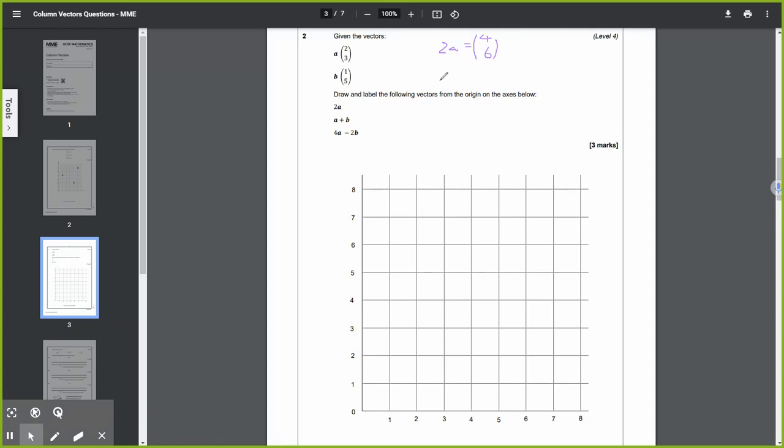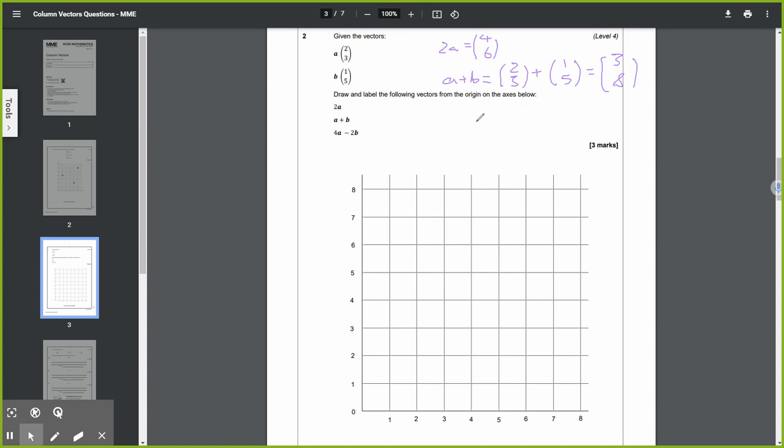A plus b, we're going to add them together. I'm doing the column vector way now rather than a diagrammatic way, but you're going to see that they both will give you the same answer. So a plus b is going to equal 2, 3 plus 1, 5. So that's going to be equal to 3, 8.